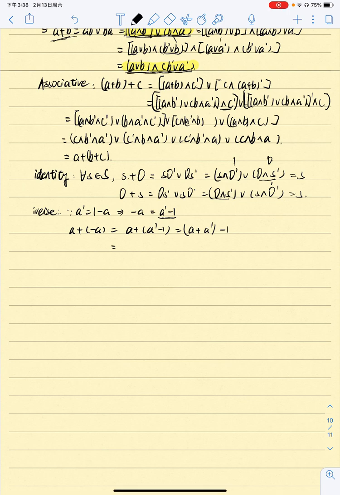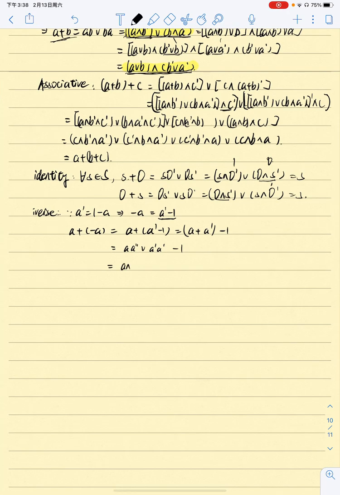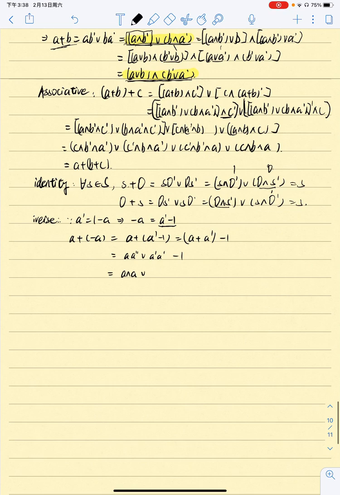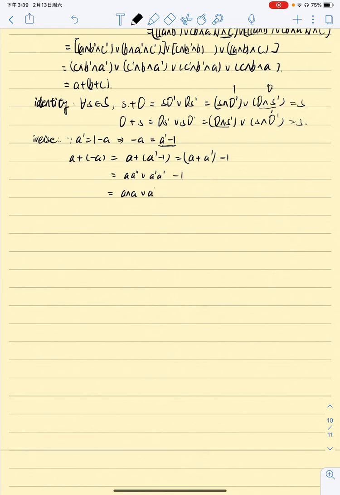Here, a plus a prime means a2 prime or a prime a prime. Okay, minus 1. Okay, this is because this is Boolean algebra, so a2 prime is a prime is a. So here a or a prime or a prime and a prime minus 1.